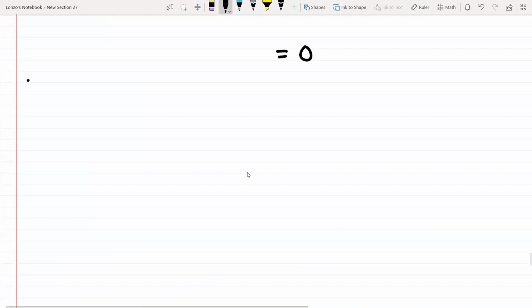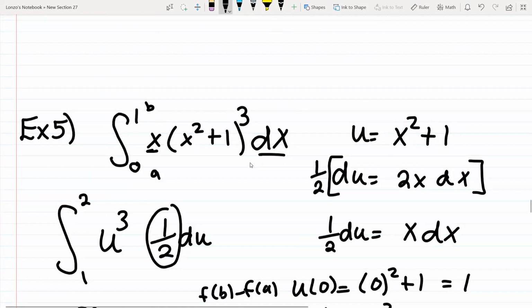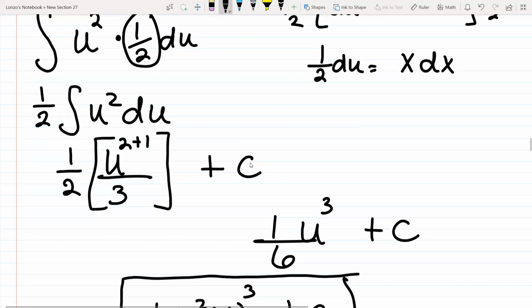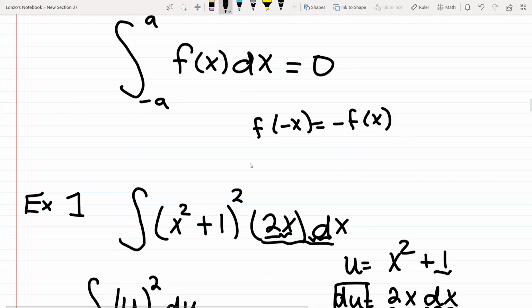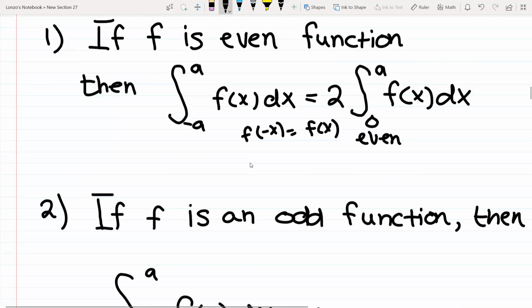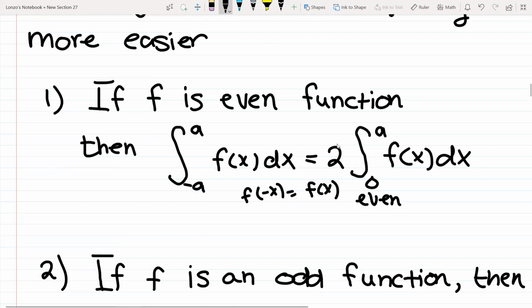But let me double check. So yeah, if it's even, you put a 2 here, your lower boundary is 0, your upper boundary is still the same, and then it's just regular f of x dx.